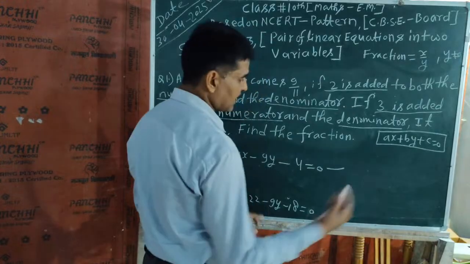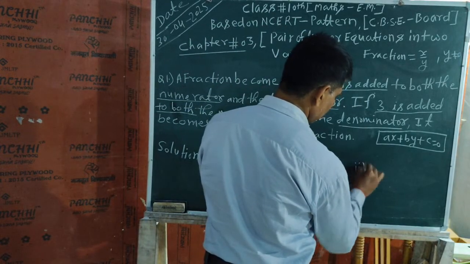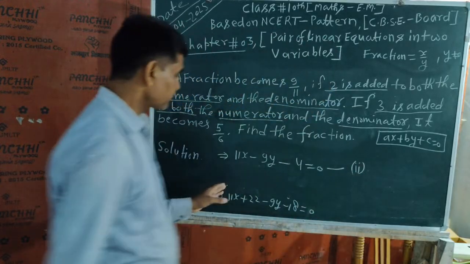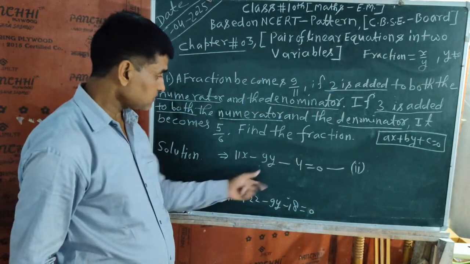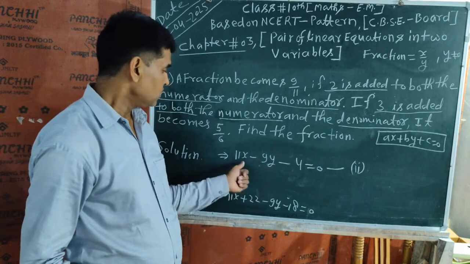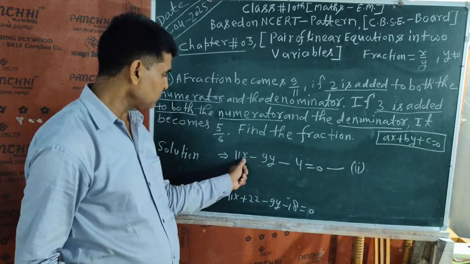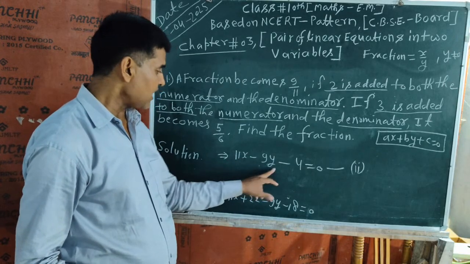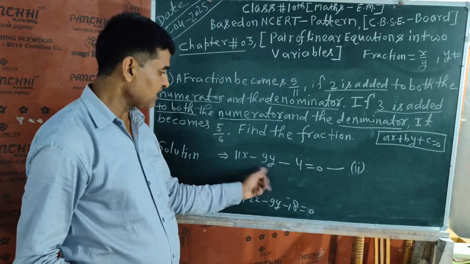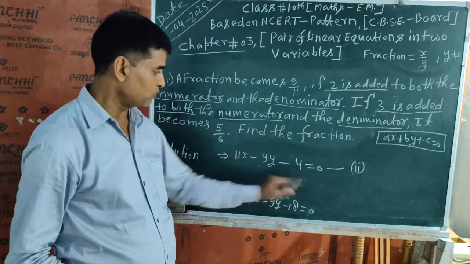Previously I assumed that equation number 1, this will be equation number 2. This is a linear equation in two variables x and y. One variable is x and the other variable is y. X has coefficient 11 and y has coefficient minus 9, and the constant term is minus 4.